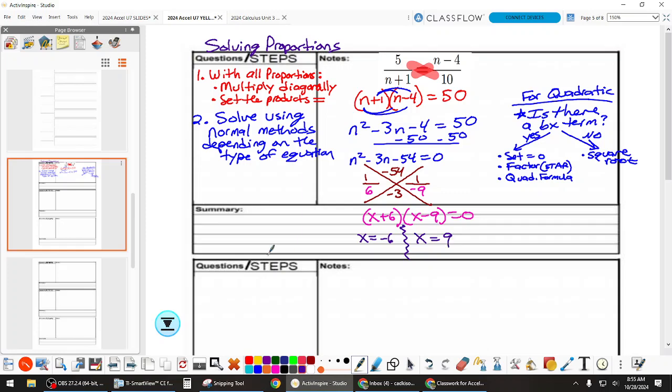If this is a triangle that you're solving, you're going to need to check if they both work. In fact, let's write that reminder.